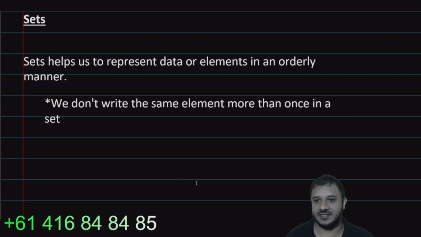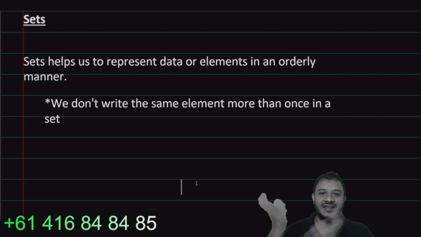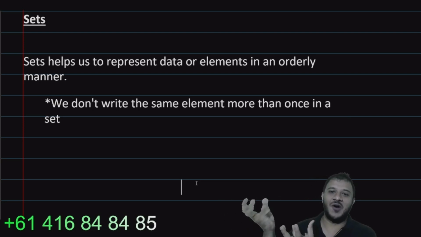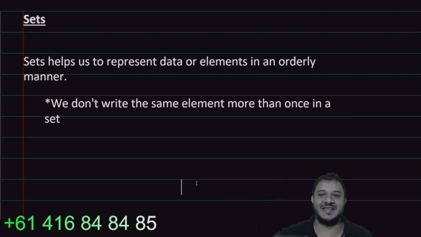Let's say as an example, Shenuk is learning in grade 6 as well as grade 7. So when I say the students in my class are Shenuk, will I say Shenuk again? No. Shenuk is one person. He can be in different classes, but at the end of the day, he's one of the students. We don't say his name again. That's what it means. We don't use the same element twice. We don't just say the same thing.